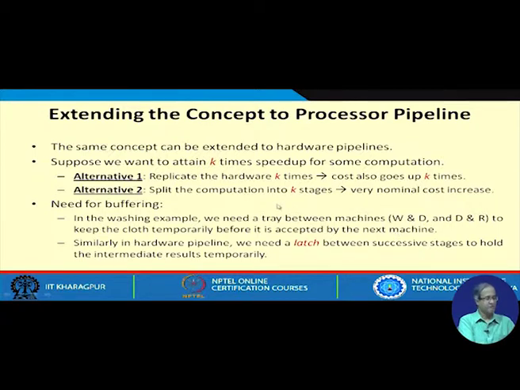In exactly the same way, whenever we want to implement a pipeline in hardware, we need something similar to a buffer, which is nothing but a latch or a register between successive stages, because one stage finishes some calculation and tries to give it to the next stage, but maybe the next stage is still not finished. So, that value is temporarily kept in a latch, so that the next stage, whenever it is free, can take it from the latch. Okay. So, this is the idea behind the so called hardware pipeline.